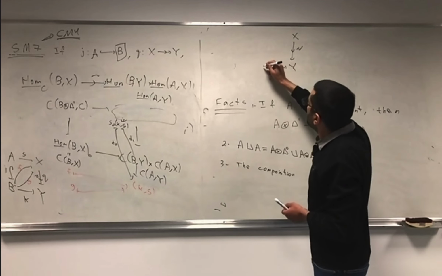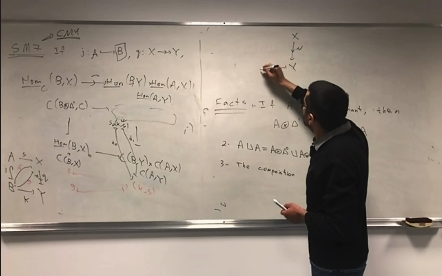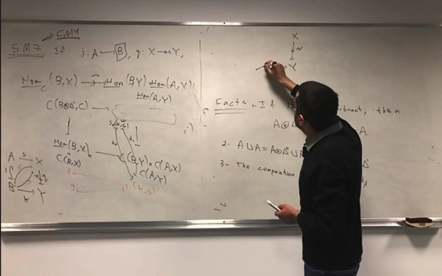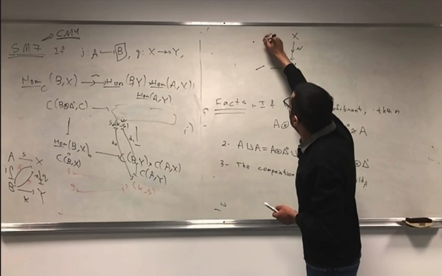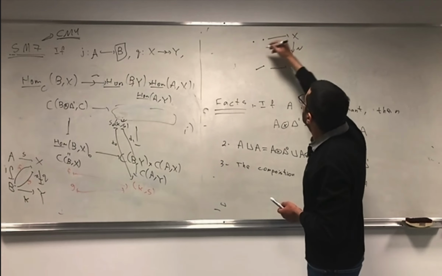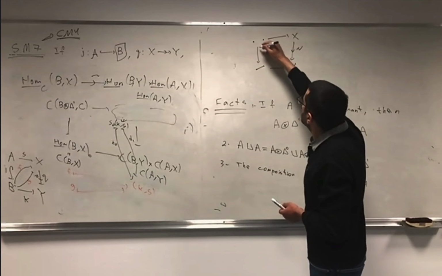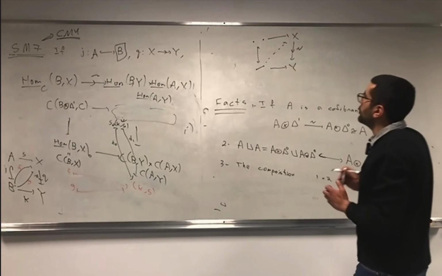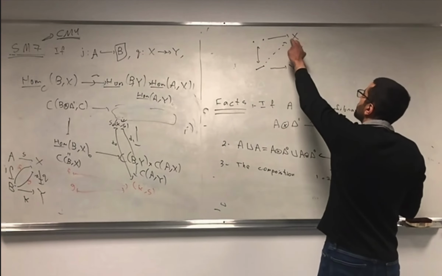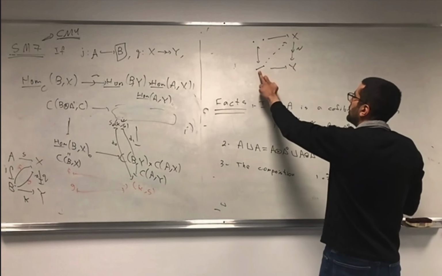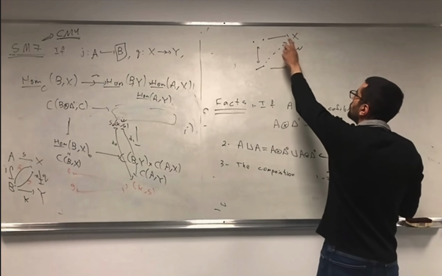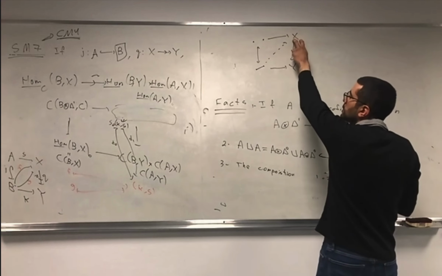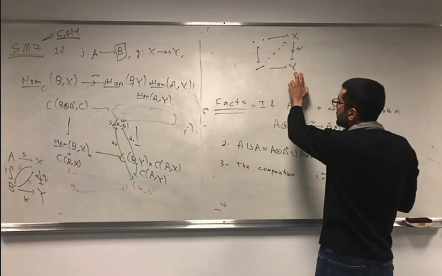Then if I have here a homotopy between two points in X, then because this is an inclusion, I can extend this. So what does it mean? It means that if I have two points here, 0-simplices, that the images have a homotopy.